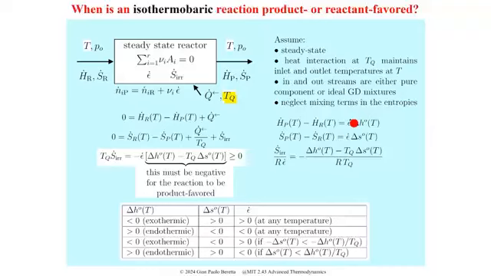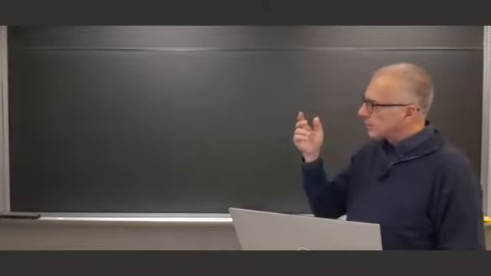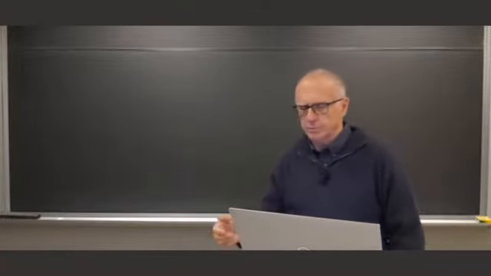So let's take the steady state reactor setup. And let's assume that we want the reaction to occur at constant temperature and pressure, meaning that the inlet flows and the outlet flows are going to be kept at the same temperature and pressure.